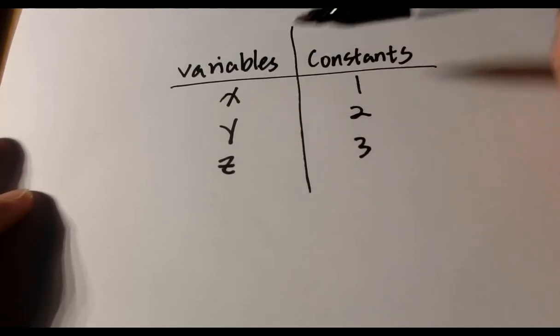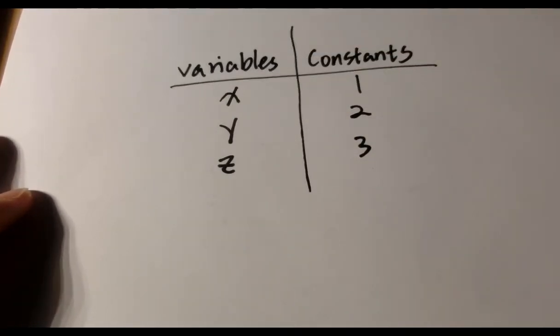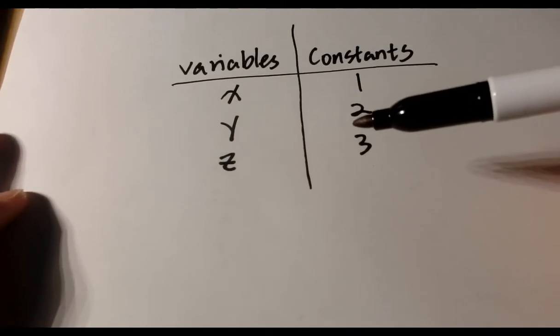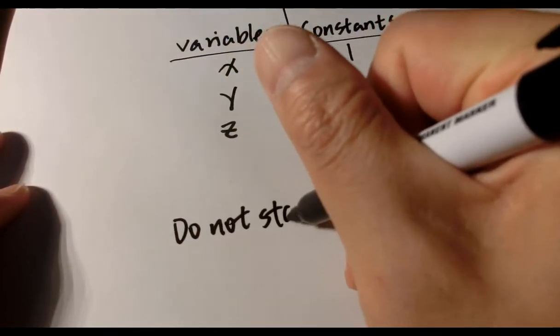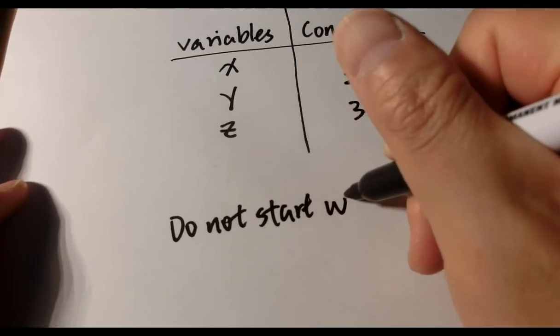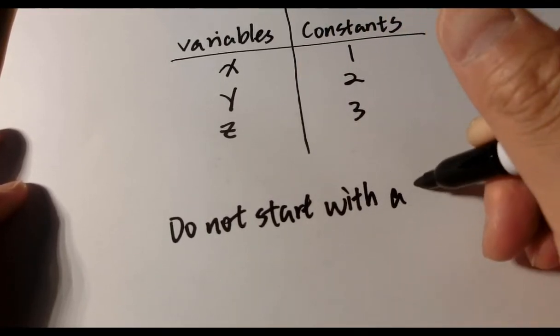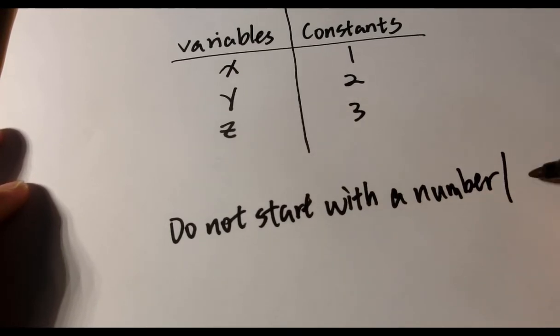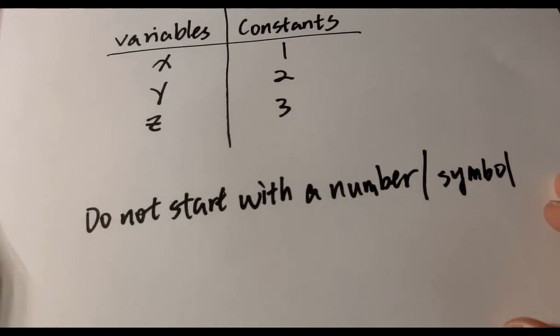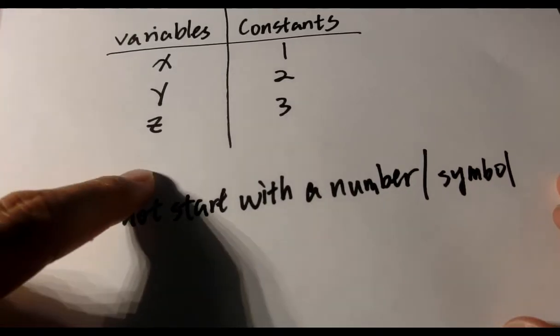You can name it whatever you like, but you have to follow the rules. For example, do not start with a number or a symbol. This is one of the most important rules when naming a variable.